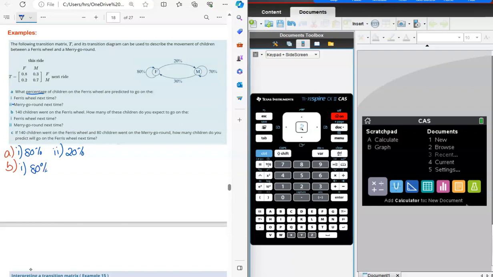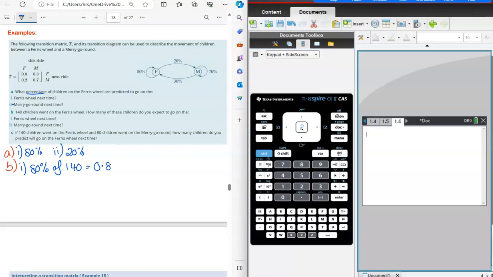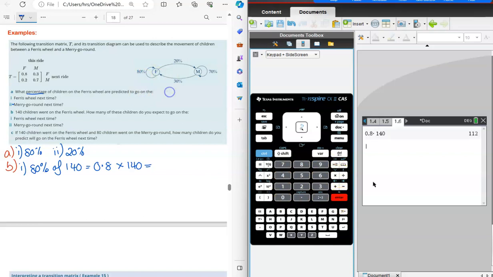So there's 80% of the 140 kids at the Ferris wheel. You change the 80% to a decimal, which is 0.8, and you change of to times. In maths, if you ever say something of, it means you're timesing. Then we times it by the 140, and if you do that on your calculator, we get 112 kids.